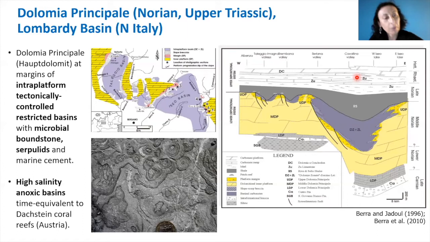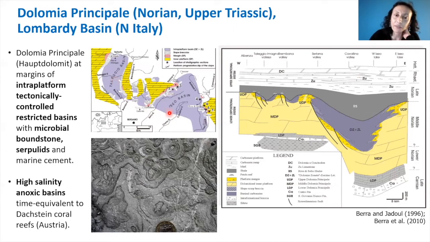Another example from northern Italy that I would like to show is the case of the Dolomia Principale, the Norian, that in the Lombardy Basin during the Norian was characterized by the development of an intra-platform basin, here indicated with this violet color.